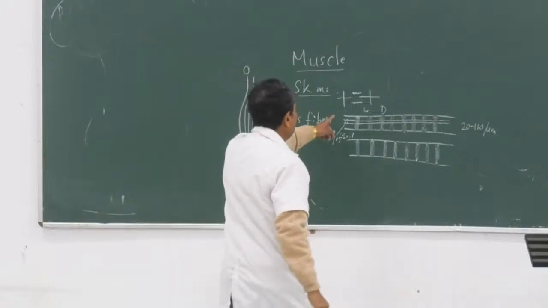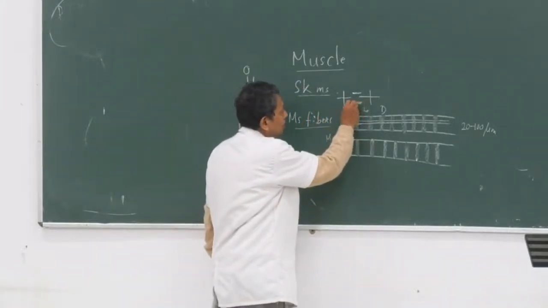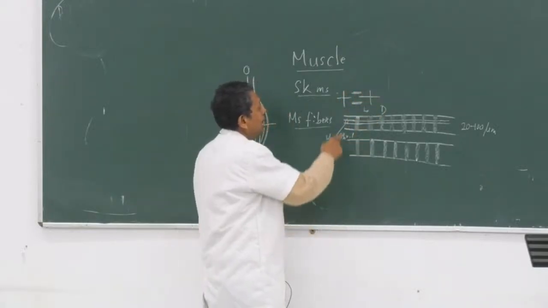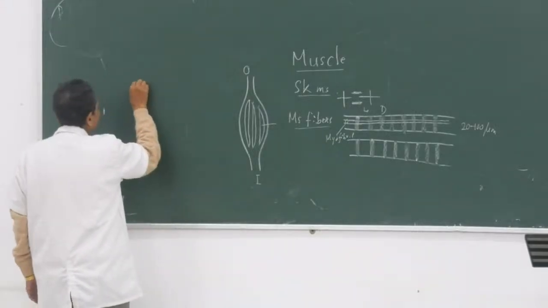And this is the part of the myofibril, and they are the filaments, thick filaments, and this is the thin filament. And if you magnify this, then you have this type of features.